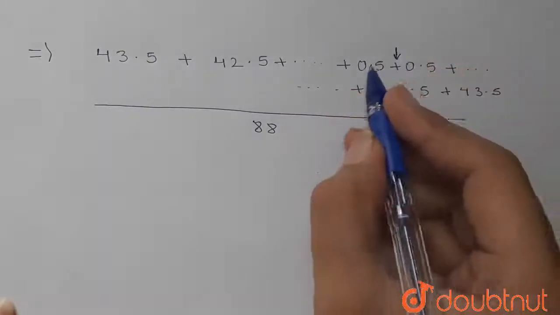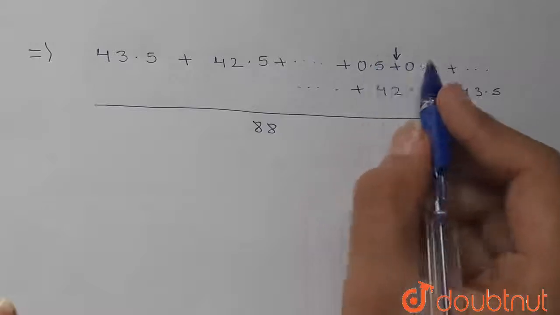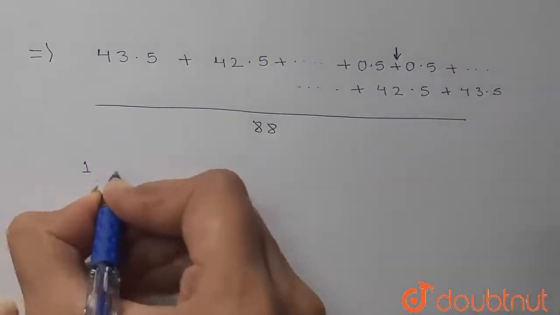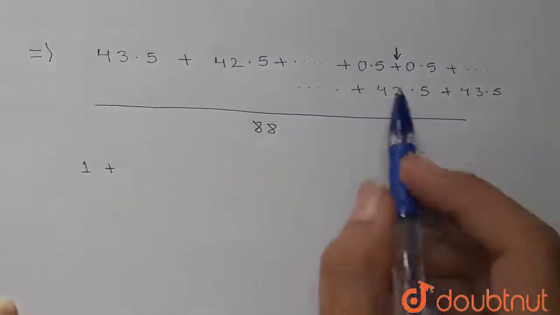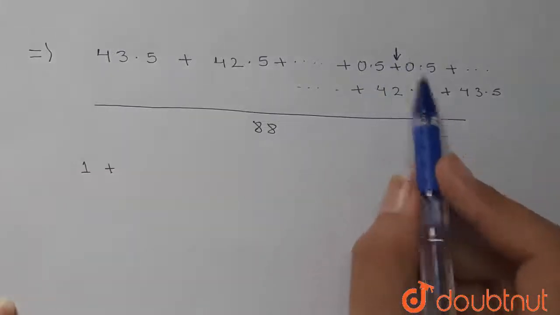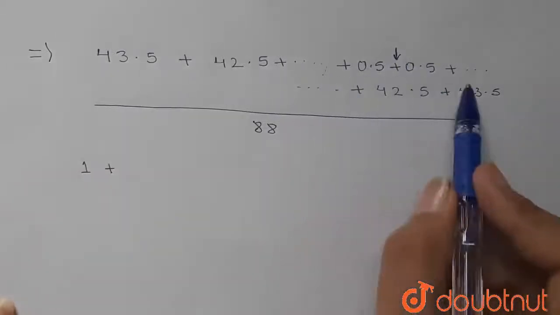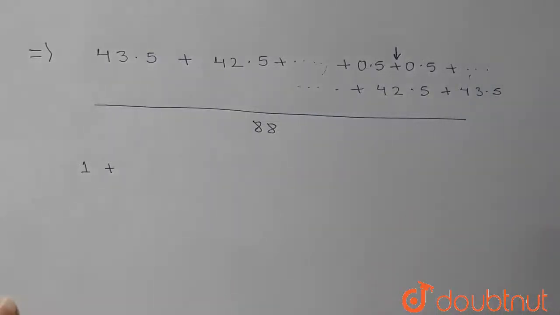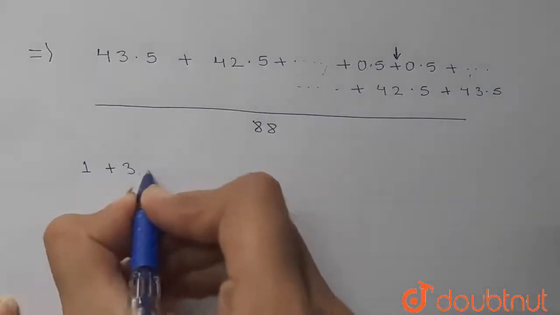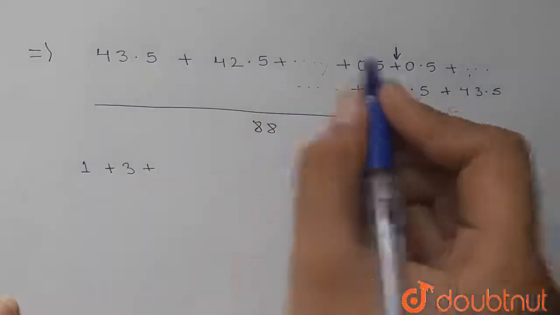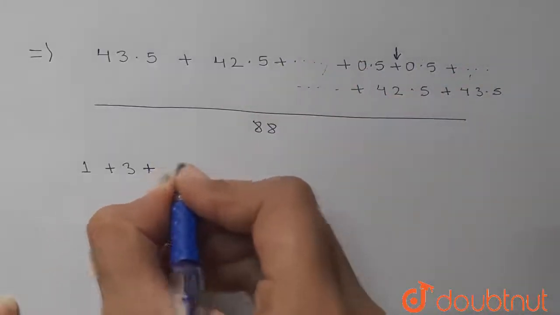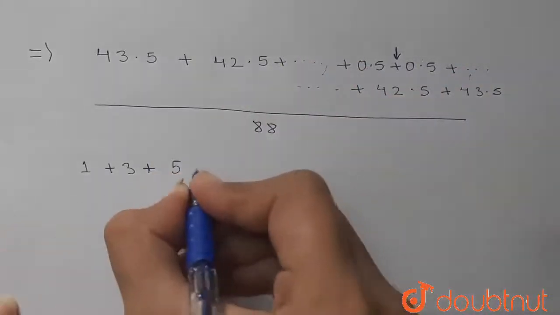If we look carefully at 0.5 plus 0.5, we can see that there is symmetry around it. On adding these two numbers, we get 1. So I am writing here 1 plus. Similarly, somewhere around this there will be 1.5 and 1.5, so their addition gives us 3. Similarly, there would be one more pair adjacent to them, whose sum will be 5, and so on.